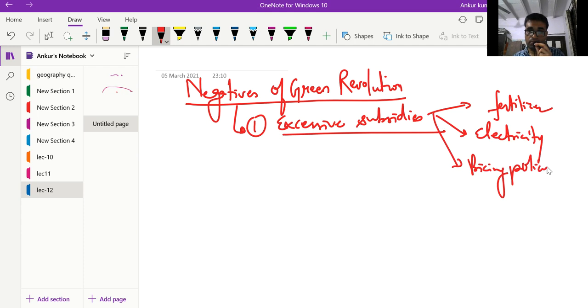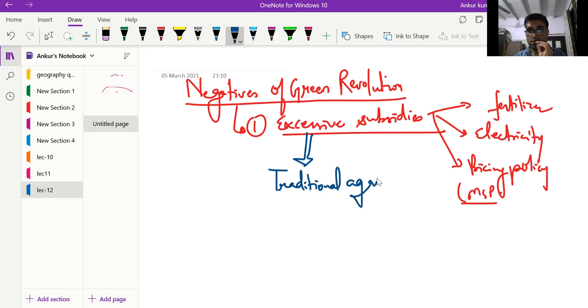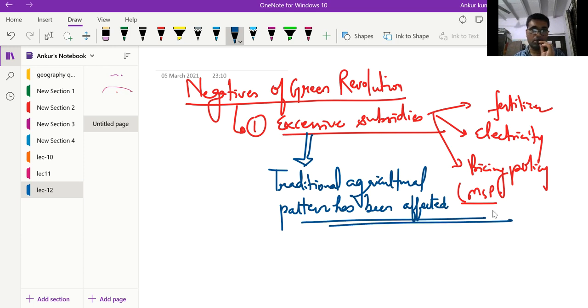All these subsidies have today turned out to be very negative for agriculture in this green revolution belt, because these subsidies affected the traditional agriculture pattern.